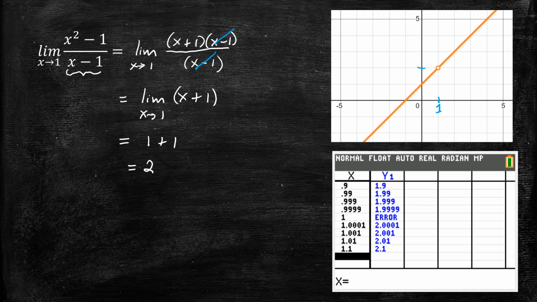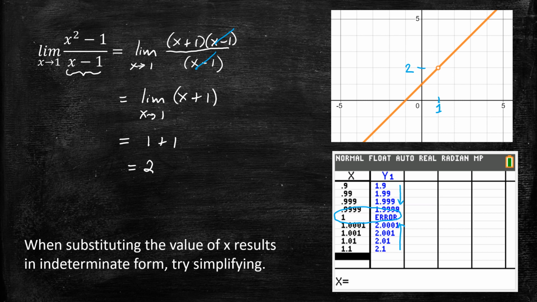At x equals 1, we have determined there is a hole at y equals 2. Here we would not know what the value of y is at that hole, but we could see from the table that it seemed to be approaching 2. So when substituting the value of x results in indeterminate form, try simplifying, and one method of simplifying is using factoring.